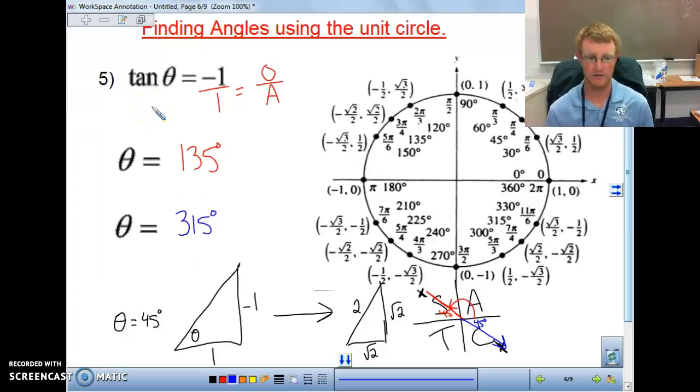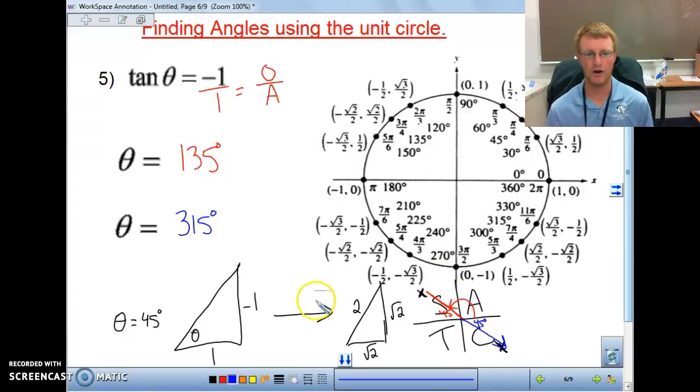The idea of this is you're trying to find, first of all, which two quadrants you're working out of, and two, what your reference angle will be. Once you know what your reference angle is, and which two quadrants you're working out of, you can figure out what those angles are. You're going to use what the tangent or sine or cosine is equal to create your triangle and determine what the reference angle has to be.